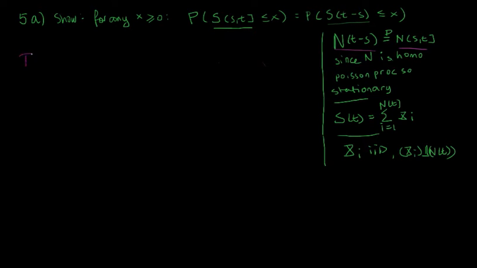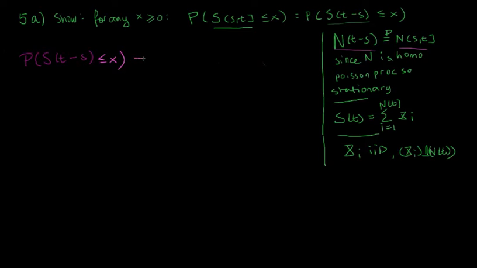We look at the probability that the total claim amount from time 0 to t minus s is smaller than or equal to x.